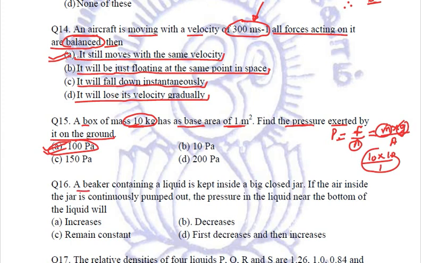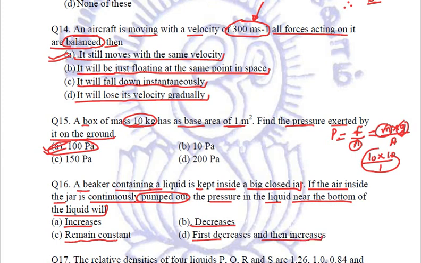A beaker containing a liquid is kept inside a big closed jar. If the air inside the jar is continuously pumped out, then the pressure in the liquid near the bottom of the liquid will, options given to us, increase, or remain constant, or decrease, or first decrease and then increase.